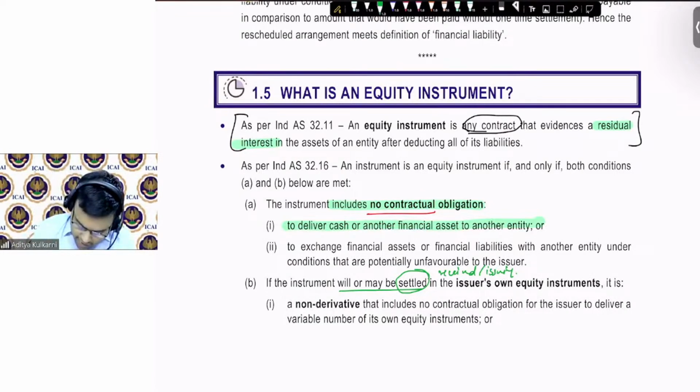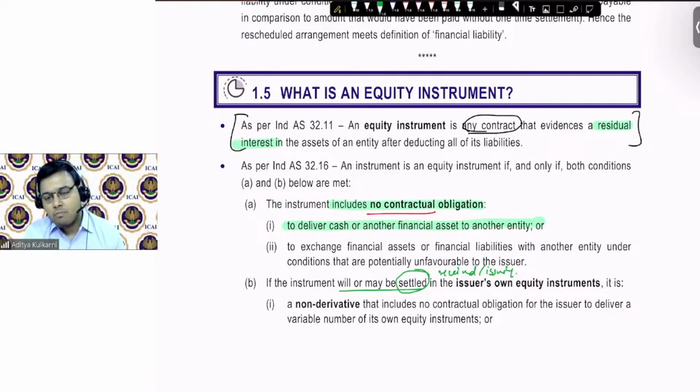Okay. So if the instrument will or may be settled, meaning received or issuing, it could be anything. It's not confined to issuing equity shares. You may issue, which you are absolutely comfortable with, because until now, as a part of regular accounting, you have seen equity shares being issued. Though you have done a chapter on buyback, it was confined only to buyback.